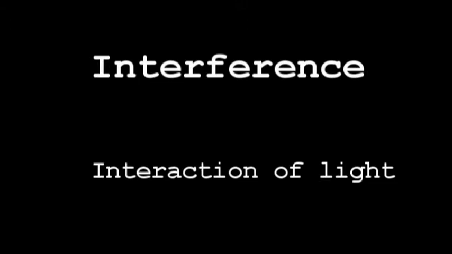Now, monochromatic light. Light is a form of energy carried by electromagnetic waves, which may be represented by a sine curve or sine wave. The high point of the wave is called the crest and the low point is called the trough. The distance between two crests or two troughs is called the wavelength, lambda.